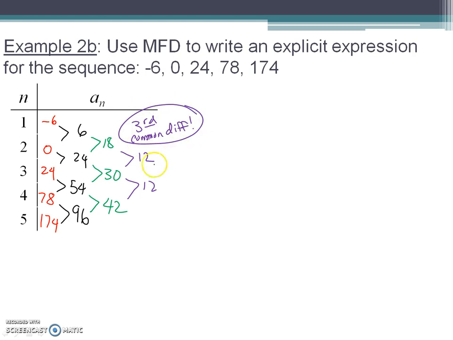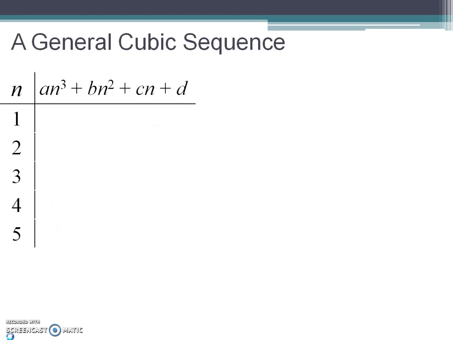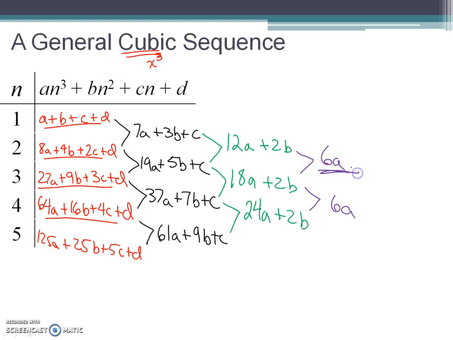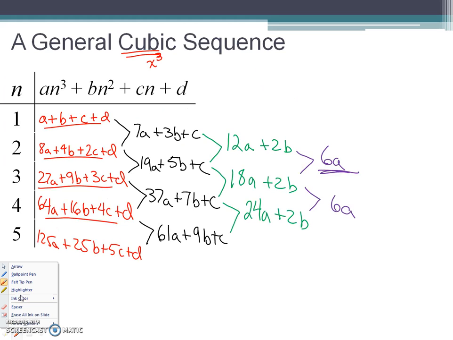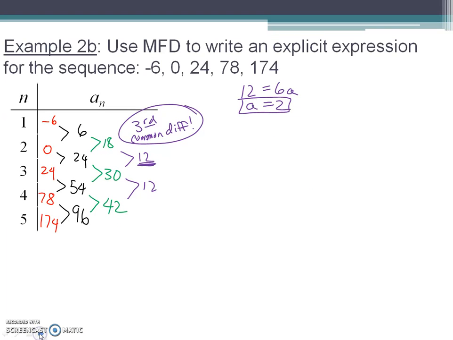So let's start applying it. Now, look back. The 12 corresponds with the location of this 6a. So you can start: 12 equals 6a. a is, of course, equal to 2. So that's nice and easy. Now, when it comes to the green layer, you can choose any of these 3 green equations to line up with any of them. You could choose 24a plus 2b to solve for 42. I'm not going to do that because I'm a little more pragmatic than that.